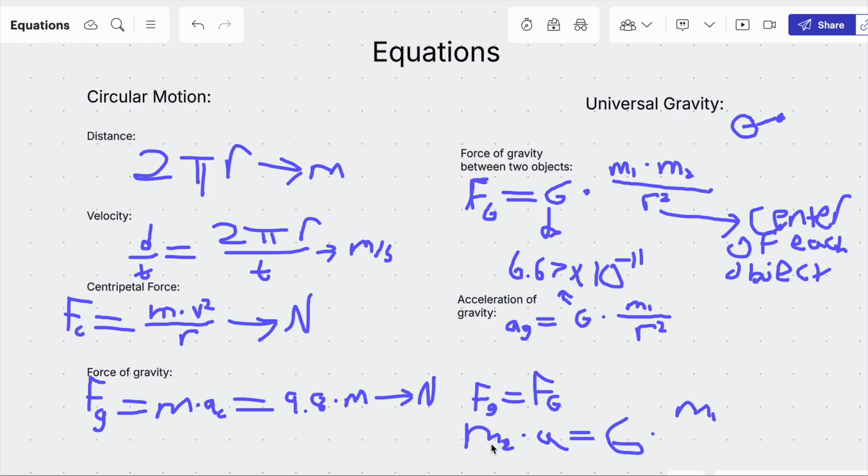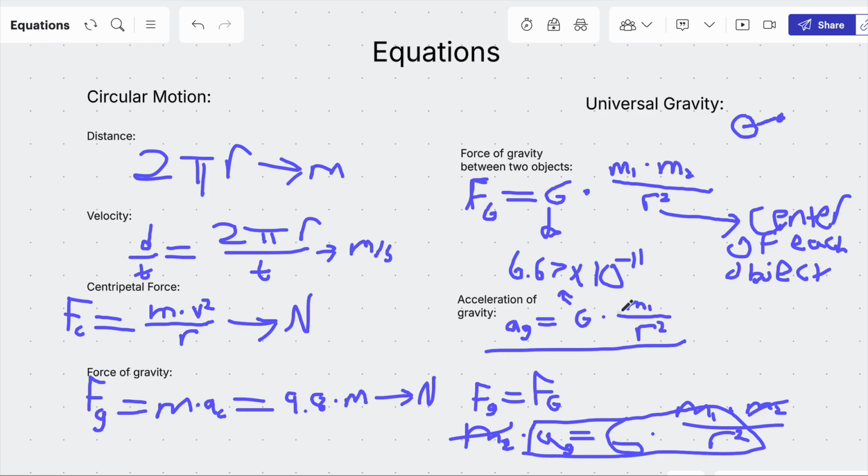We'll say m2 is the skydiver from the last problem, times mass of object 2 over radius squared. And because we'll say a sub g, because we have an m2 on this side and this side, they cancel out, giving us our normal acceleration of gravity we just went over. That's really complicated. Just use that formula.